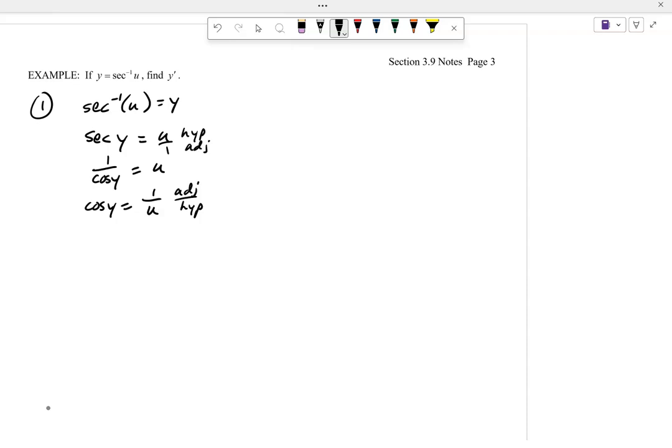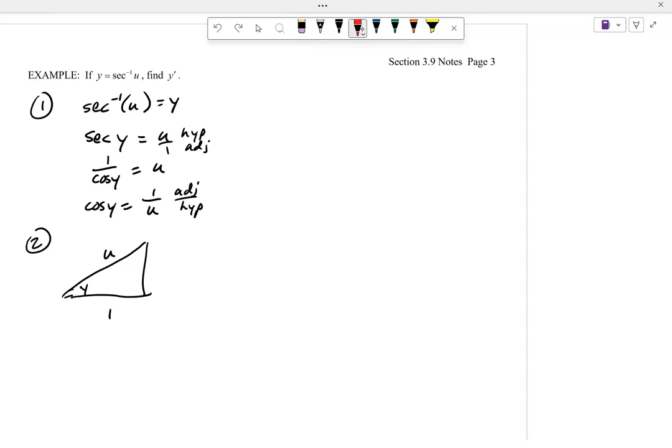And so we'll draw that. We've got our y in here, and the secant is hypotenuse over adjacent, or if you want to think adjacent over hypotenuse, cosine of y. We'll solve for the remaining side.